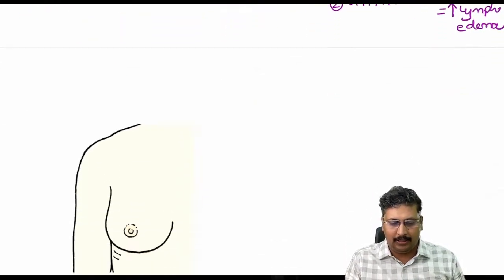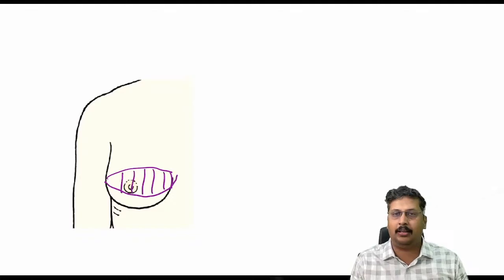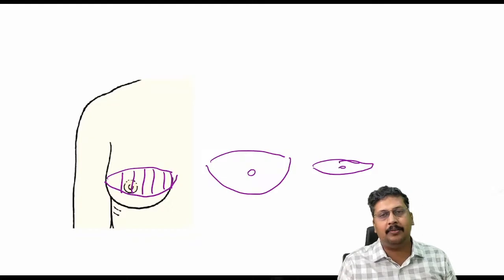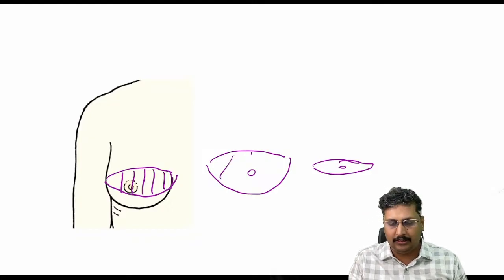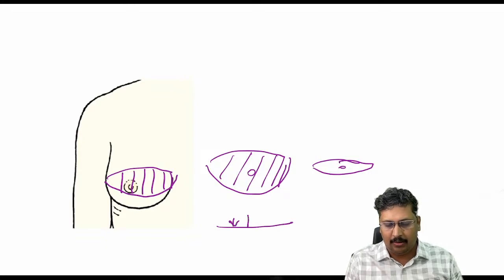The second important thing is how to determine the ellipse of the incision. Most of the time we know that it is an elliptical incision, but how do I know if I have to take this much, or this much, or this much? So we'll see what is the problem when you take a bigger incision. When you take a bigger incision and you try to close, then the tension across the suture line will be higher.